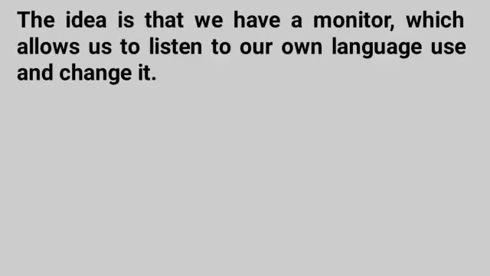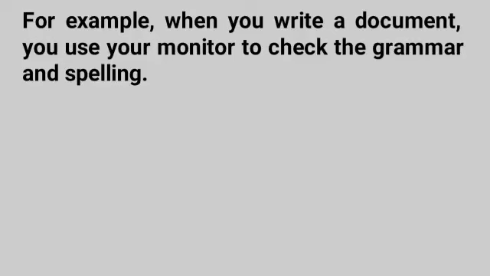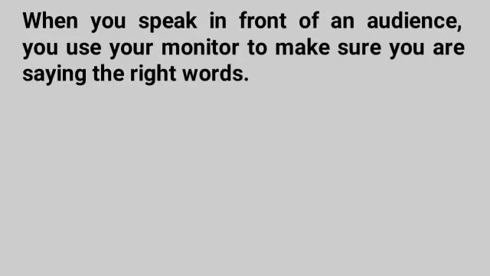The idea is that we have a monitor, which allows us to listen to our own language use and change it. For example, when you write a document, you use your monitor to check the grammar and spelling. When you speak in front of an audience, you use your monitor to make sure you are saying the right words.